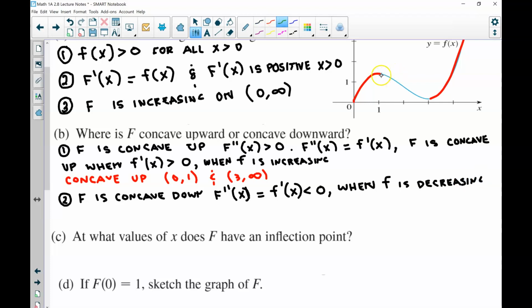Well, you can see here that between 1 and 3, it is concave down. Excuse me, not up. So concave down between 1 and 3.